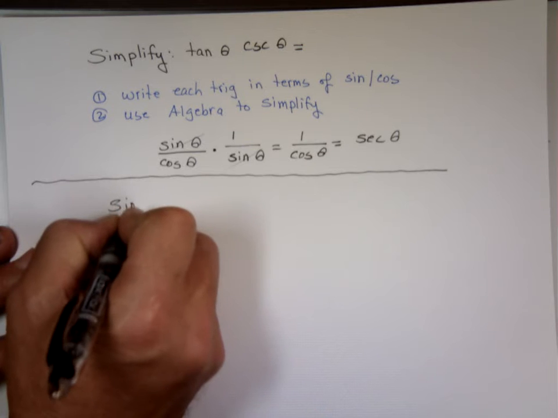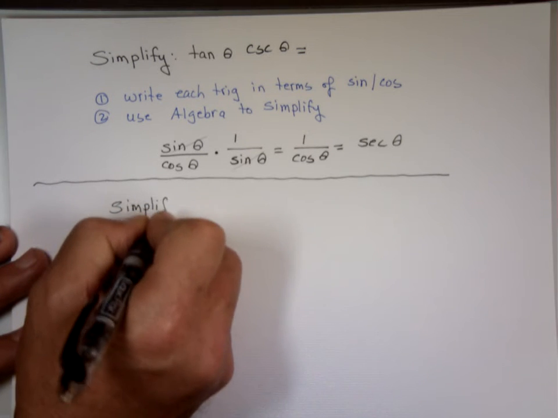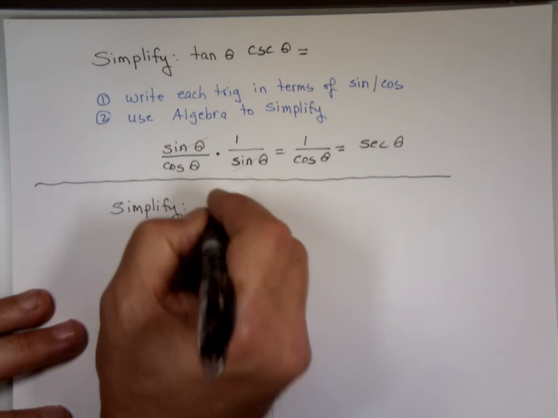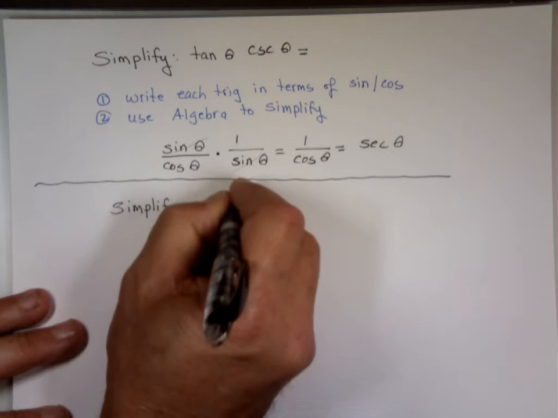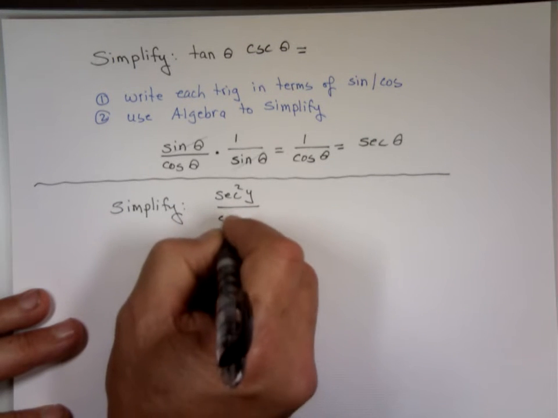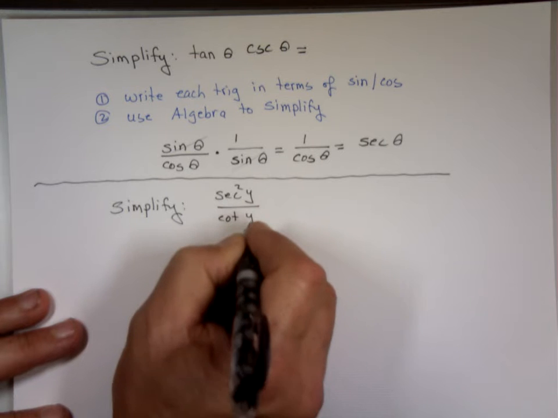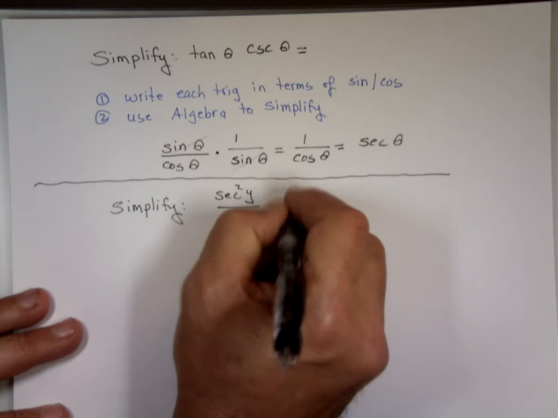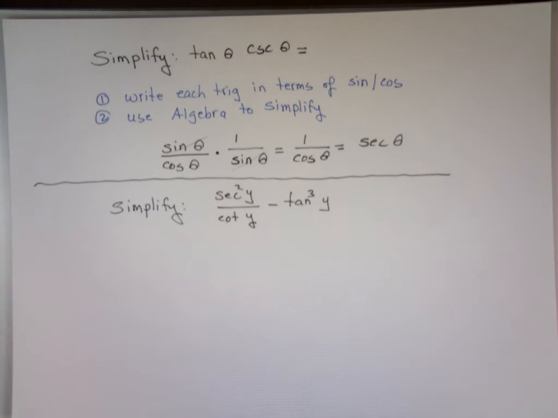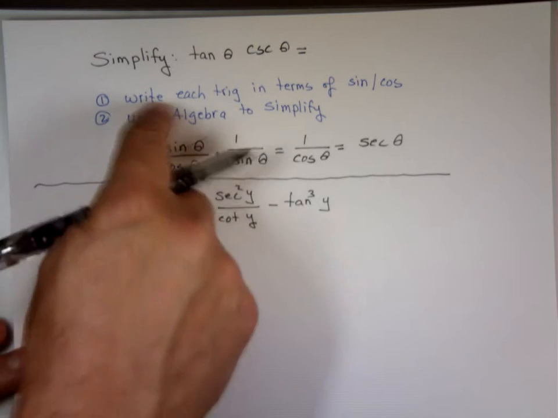Simplify secant squared y over cotangent y minus tangent cubed y. Again, I'm going to follow these steps.